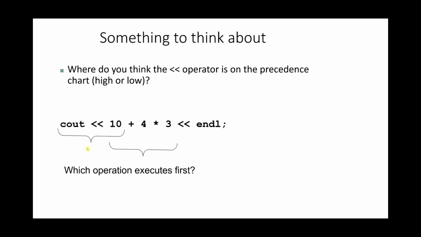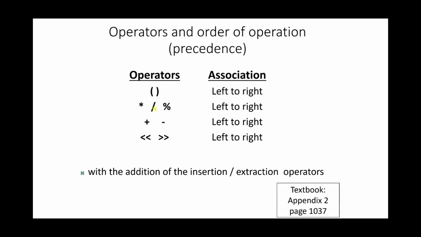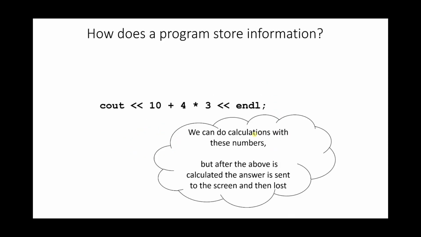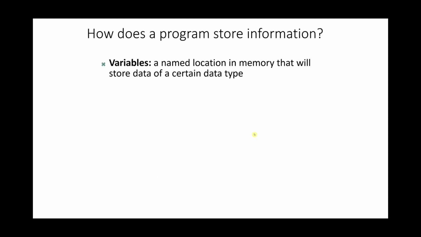So the insertion operator is not done first; we do the whole calculation before we send the final result to the cout. So the insertion and extraction operators come after the plus and minus, at the very end of these four. The calculations are done first.